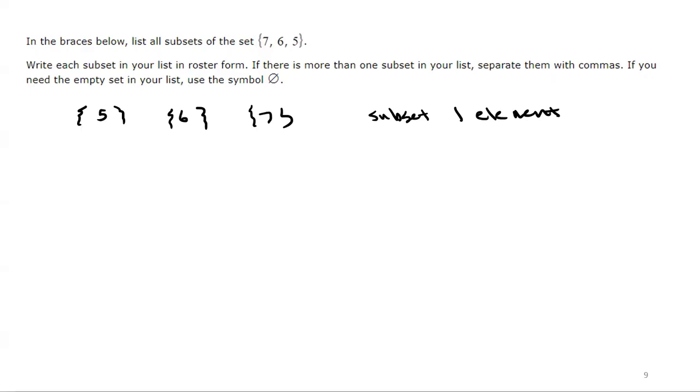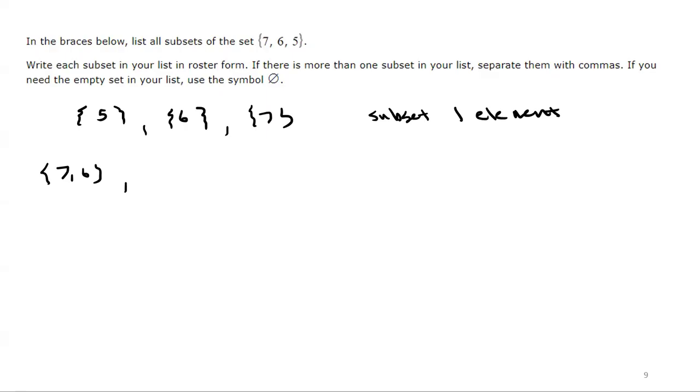Another combination that I can do is I can write 2 numbers in each set. So I can write 7, 6. Sorry about my brackets there.